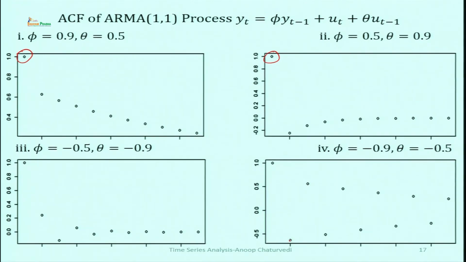So, it starts from rho 1 negative, then it becomes positive, again rho 3 is negative, rho 4 positive, and so on. So, the autocorrelation function oscillates starting from negative values, but in magnitude it is decreasing.